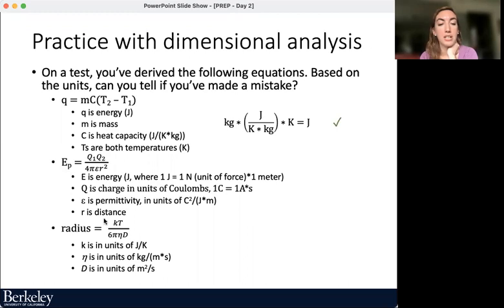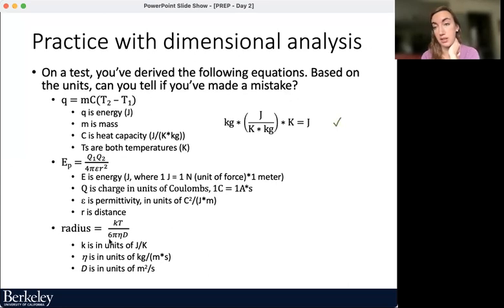But for this one, the units that you want to end up with is radius. So you want this to be in units of meters, right? And then you're going to do the same thing we did up here, and you're going to take the units of this K, which I've told you is joules per Kelvin, this units of temperature, and then in this case, 6 is unitless.